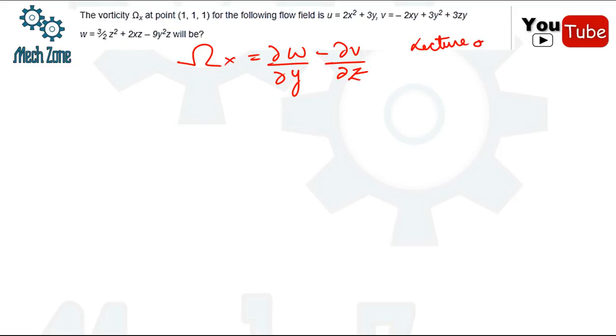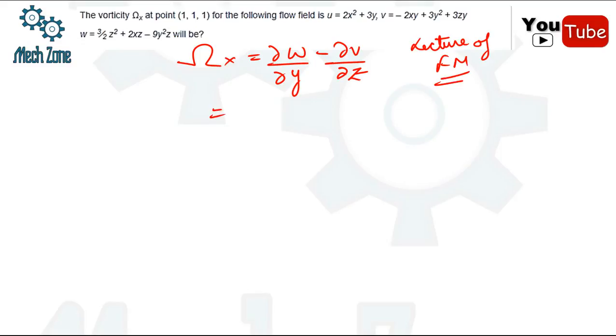Now we know that omega x is nothing but del w by del y minus del v by del z. This formula I have already discussed in my lecture, so you can refer to the lectures of fluid mechanics on my channel Megzone on YouTube.